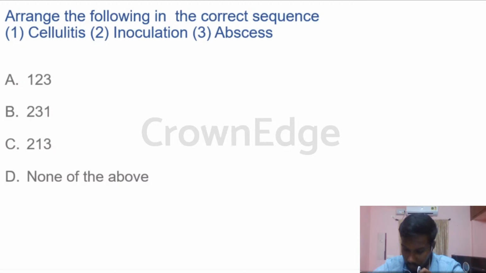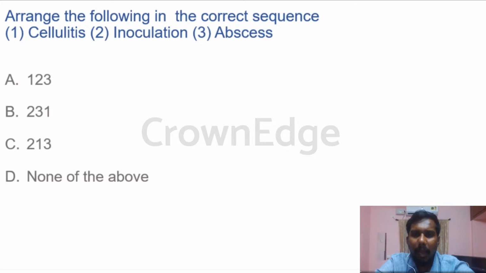If you see any infection, be it bacterial or fungal or viral, we have been discussing a lot about COVID 19 nowadays, right? In COVID 19 also, the virus first undergoes inoculation.